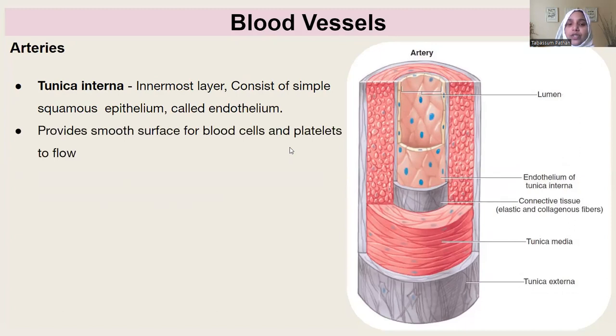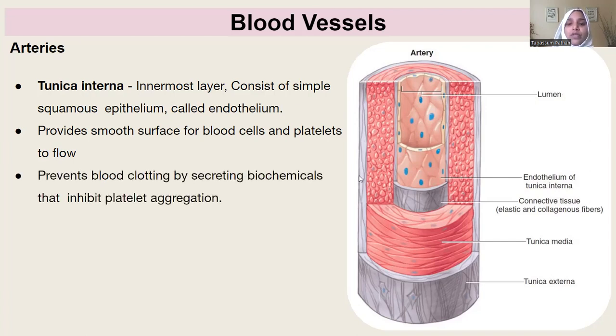It provides a smooth surface for blood cells and platelets to flow. So your blood has all the white blood cells, red blood cells, thrombocytes. For smooth flow, simple squamous epithelium makes up the innermost layer of the artery. Also, it prevents blood clotting by secreting biochemicals that inhibit platelet aggregation.